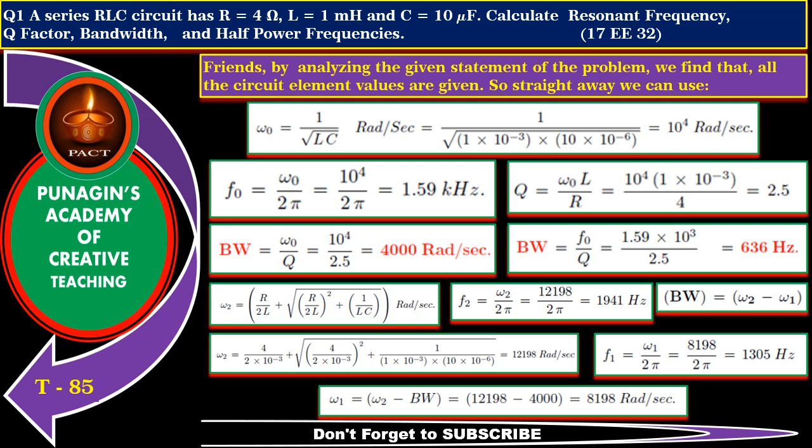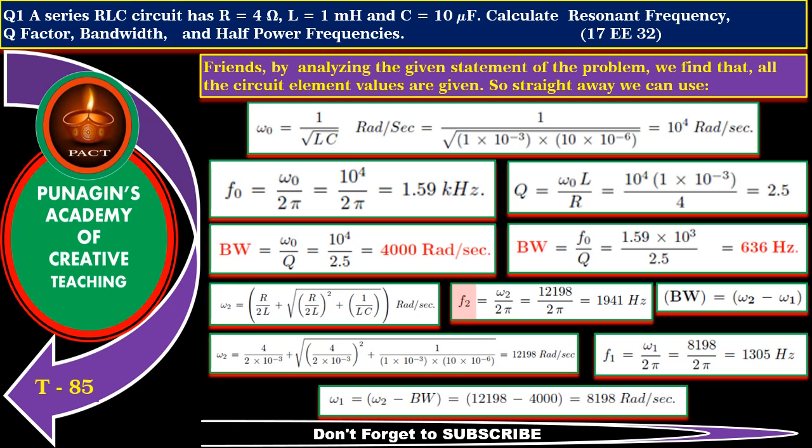Next, to find the half power frequencies, we know omega 2 is equal to R by 2L plus square root of R by 2L whole square plus 1 by LC radians per second. By substituting the values and solving, we get omega 2 is equal to 12,198 radians per second.